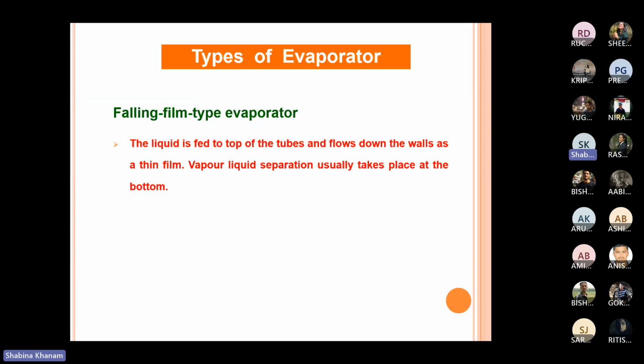So that vapor and liquid mixture moves down and enters the vapor liquid separator. This is the only type of evaporator in which the vapor liquid separator is placed at the bottom. Otherwise, in all other cases it is at the top.